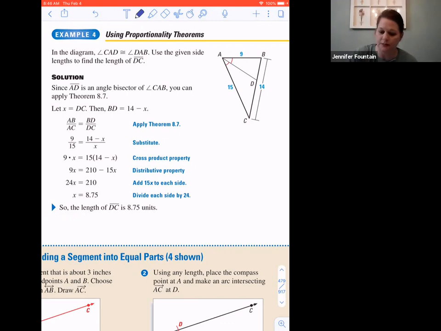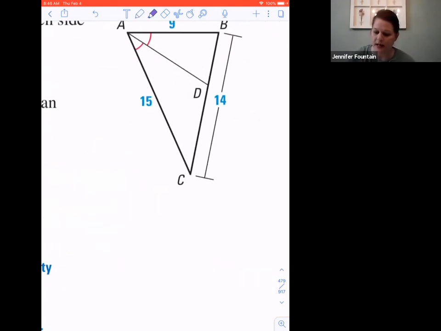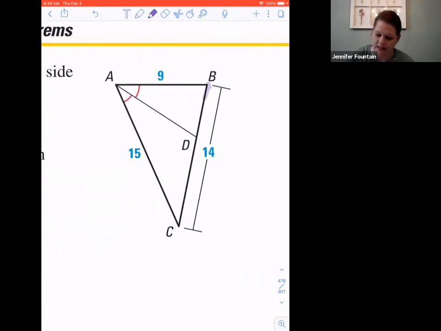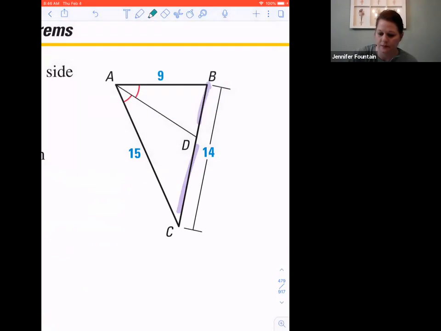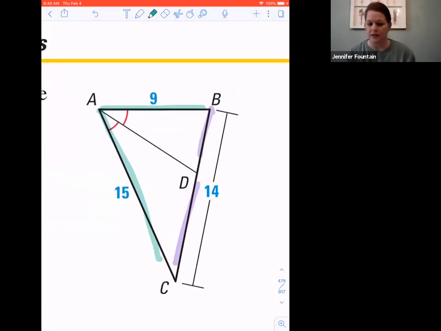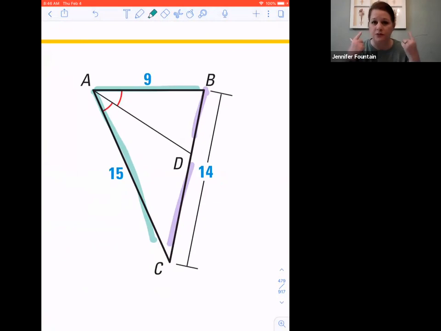So in this situation, I know that this over this is going to be proportional to this over this. Okay. Is everybody good with that?